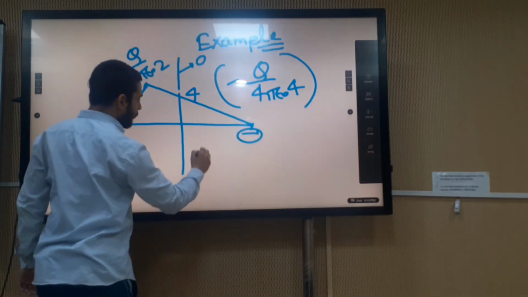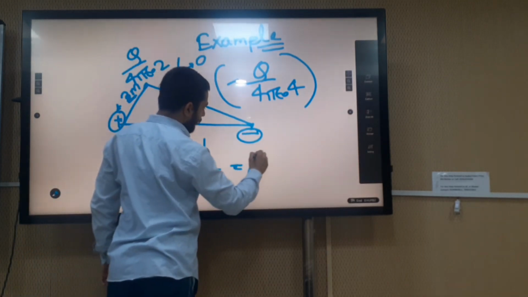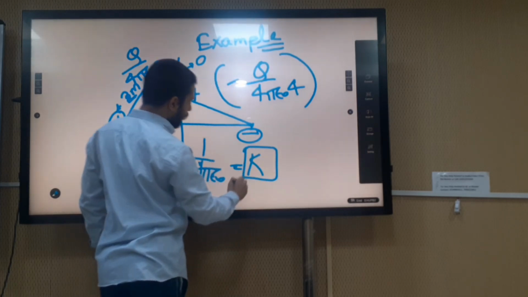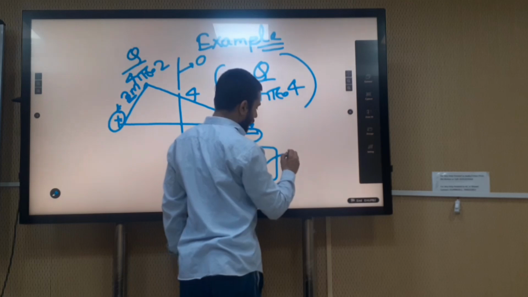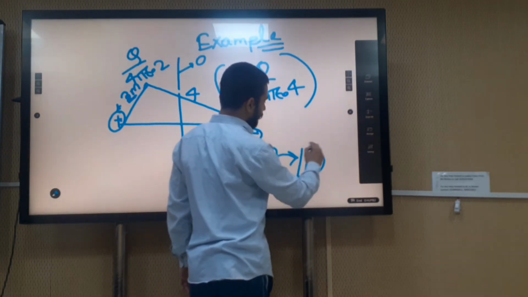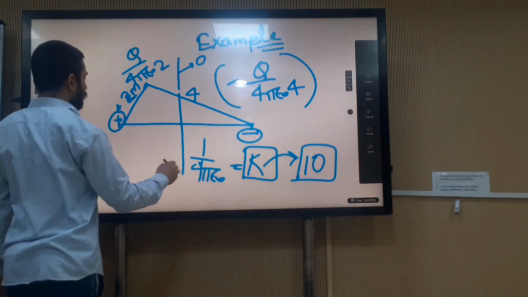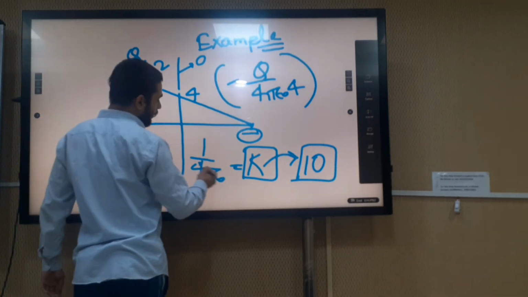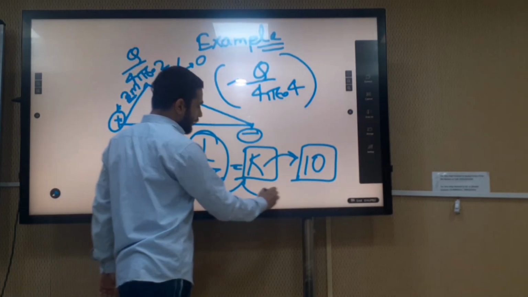And 1 upon 4 pi epsilon naught is nothing else but K. Suppose that the value of K is given as 10, a hypothetical value. Like this only the value will be given: 1 upon 4 pi epsilon naught will be given as K.